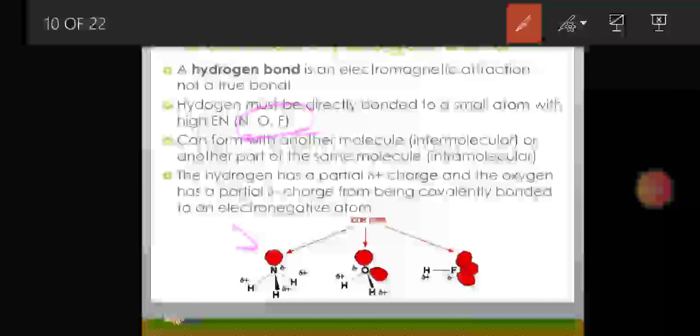See the lone pair present on nitrogen. Similarly, I am pointing towards the lone pairs of oxygen, 2 lone pairs are present, and on fluorine 3 lone pairs are present, which makes it partial negative. Strongly electronegative atoms are involved in it.